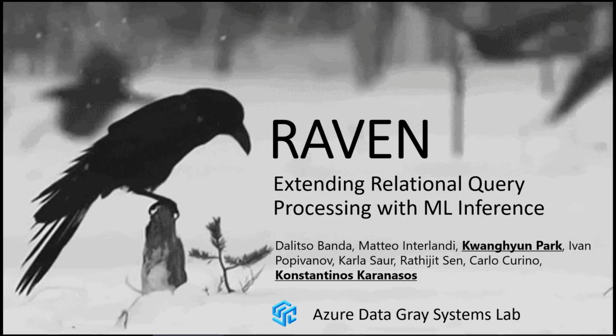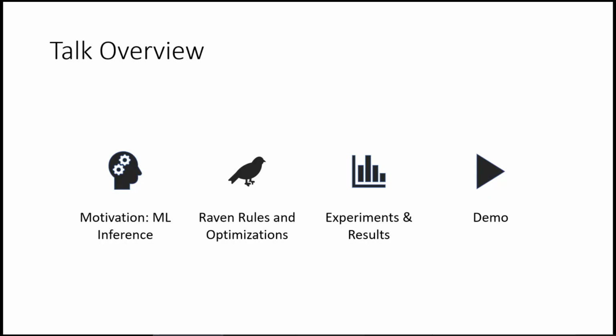In this talk today, I will first go over the motivation behind machine learning inference, what it is, why we do it, and what are the best ways to do it. Then I'll talk about Raven and how we use Raven to optimize ML inference, why we created it, and the types of problems we're trying to solve.